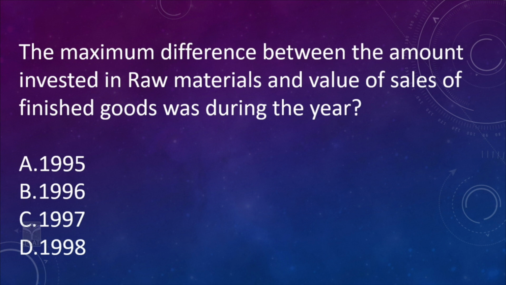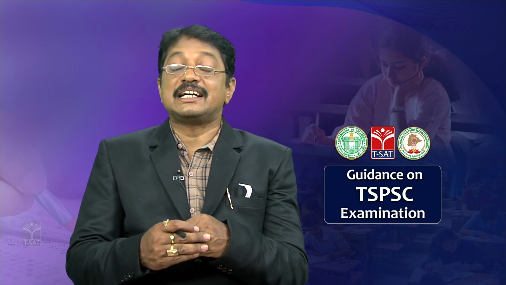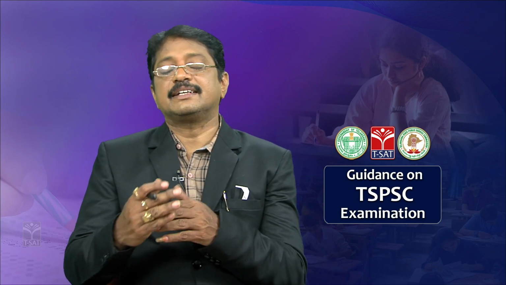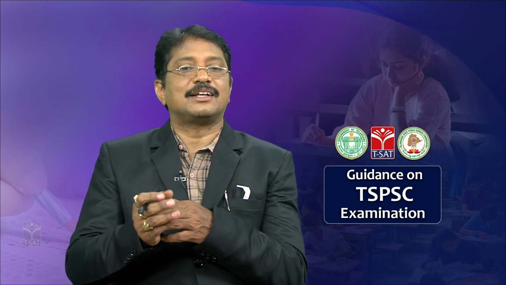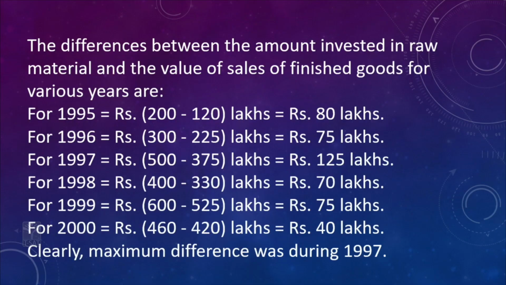The maximum difference between the amount invested in raw materials and value of sales of finished goods was during the year 1997. Okay. Here I give a clear explanation by typing the data also. The difference between the amount invested in raw material and the value of the sales of finished goods for the various years is given.